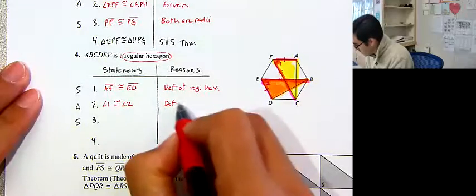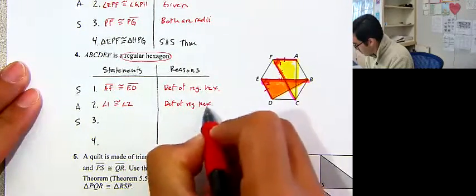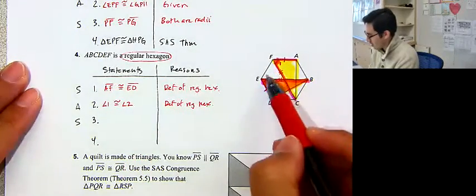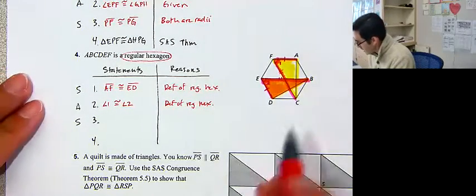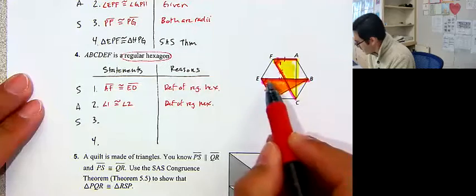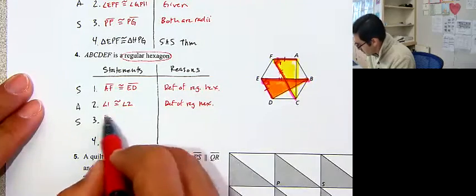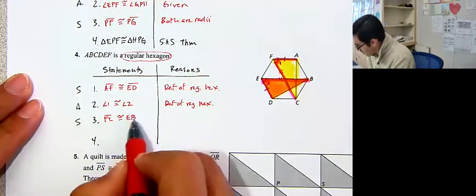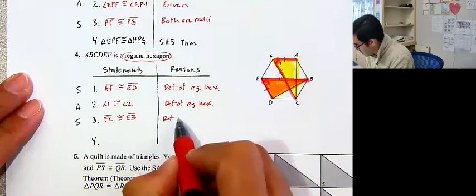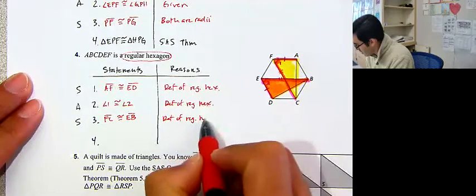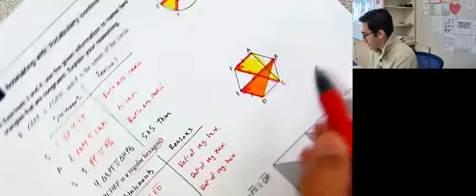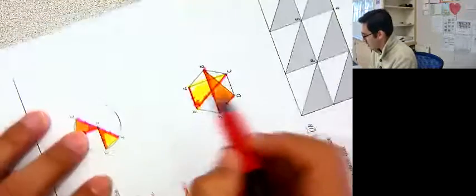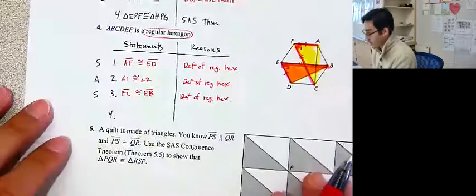And again, we're just using the definition of a regular hexagon, all the interior angles will be congruent. And then lastly, it was FC and EB. Again, just definition of a regular hexagon. This kind of diameter segment is going to be the same length no matter which diameter we use.